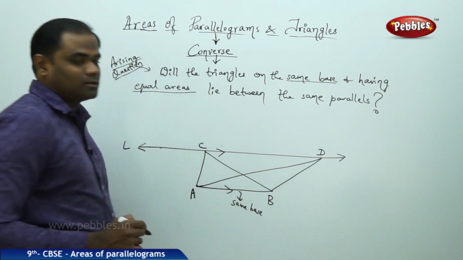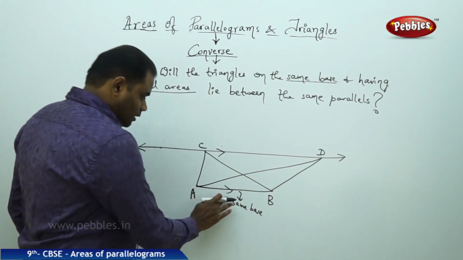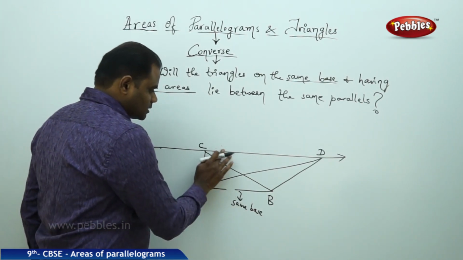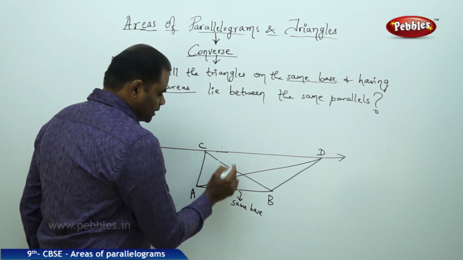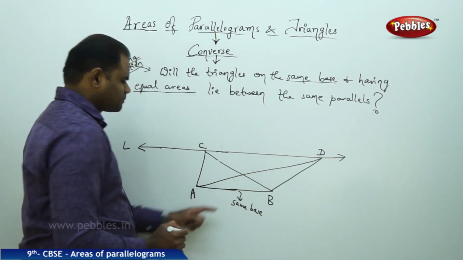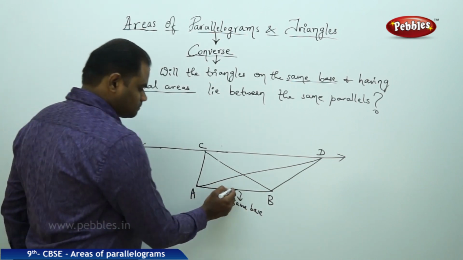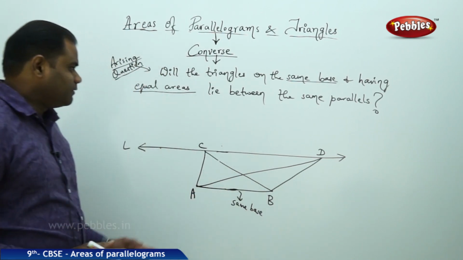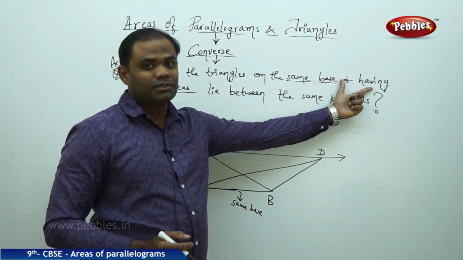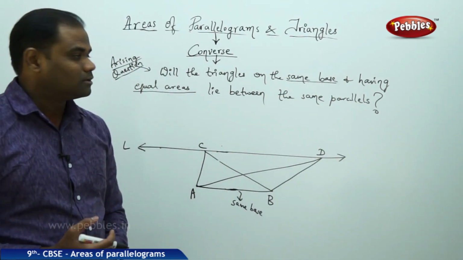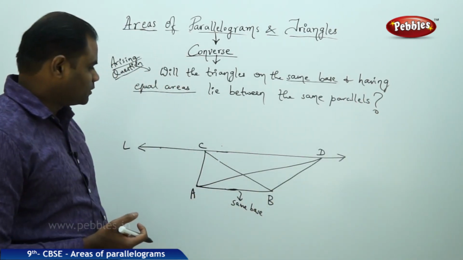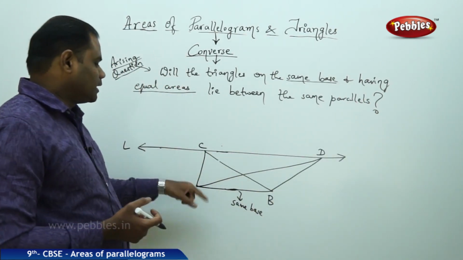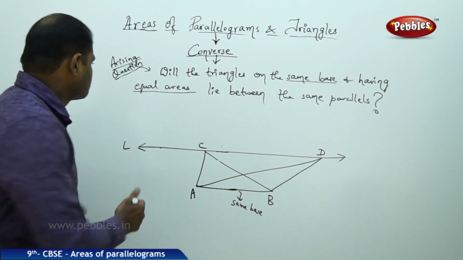But now the converse says they are not known to be parallel, but they are on the same base AB. So we have the same base, and the other condition is that the areas are equal. It is about proving that the two lines are parallel. So now we are going to investigate whether the line L is parallel to AB.